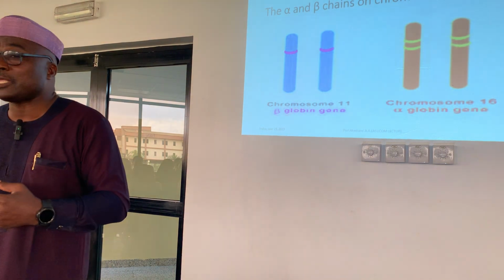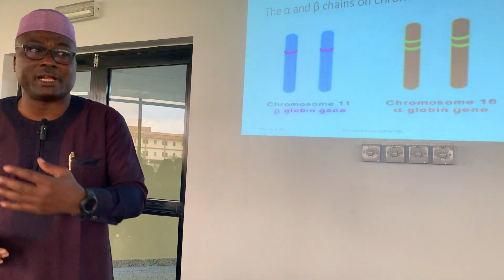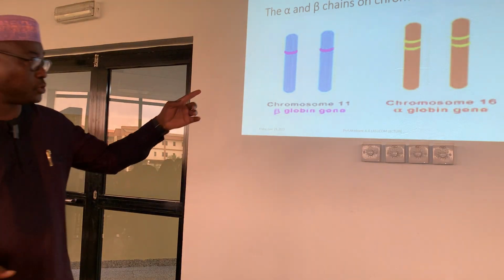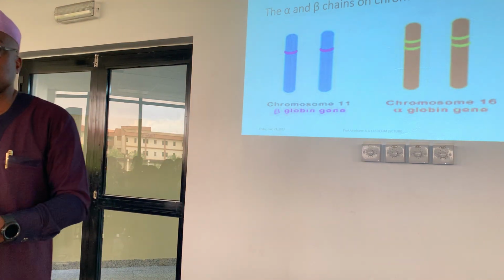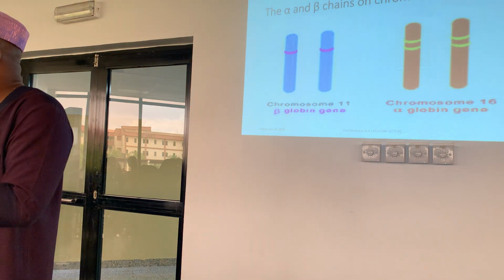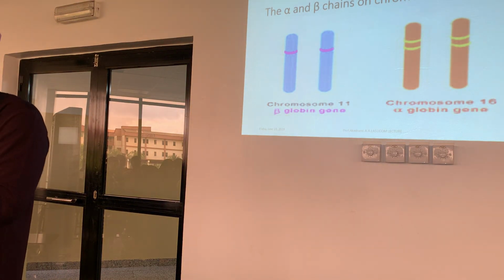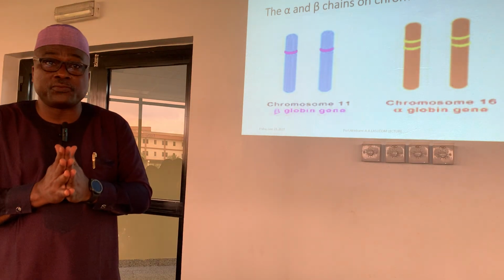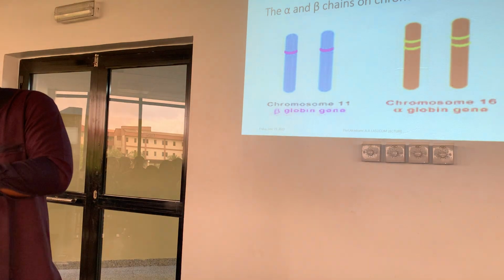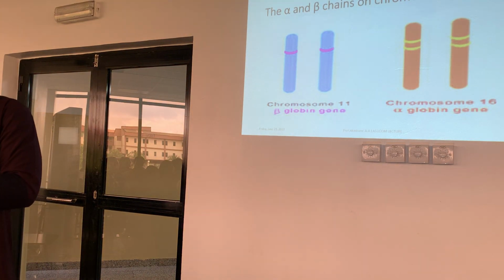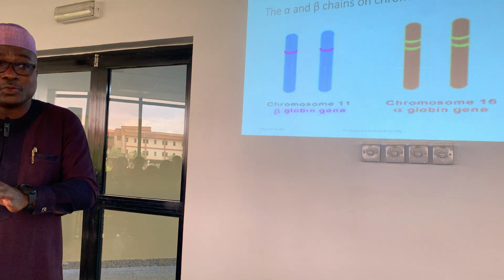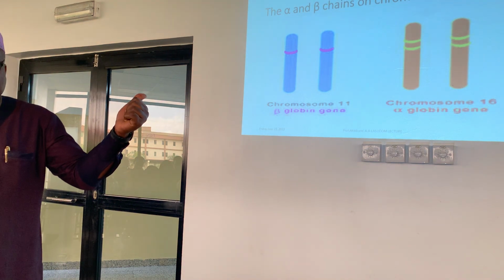So you now start having sickling of the red cell because of this change to valine at position 6. What's the normal shape of a red cell? Biconcave disc. God has made it in the form of a biconcave disc so that they don't stack on each other. But you now have red cells that are sickled because of the change.